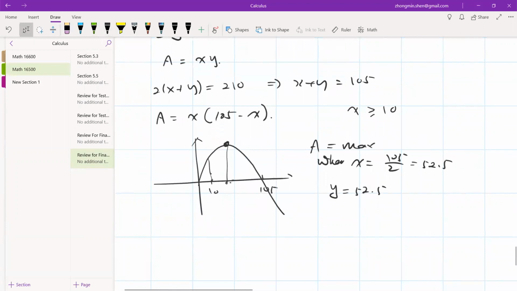Sometimes you're given the area and you have to find the dimensions. Another problem is that the area is fixed, and you want to find the dimensions of the rectangle so that you use the shortest length of fence. That's a similar style.